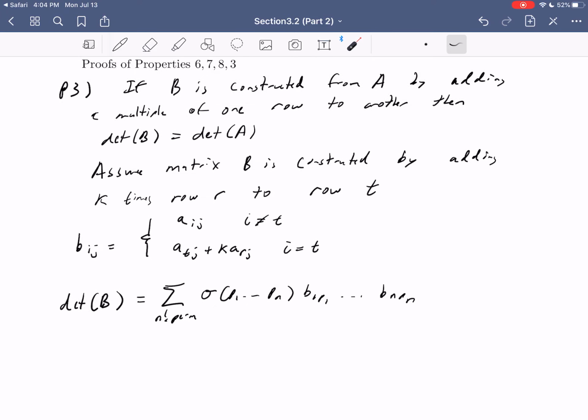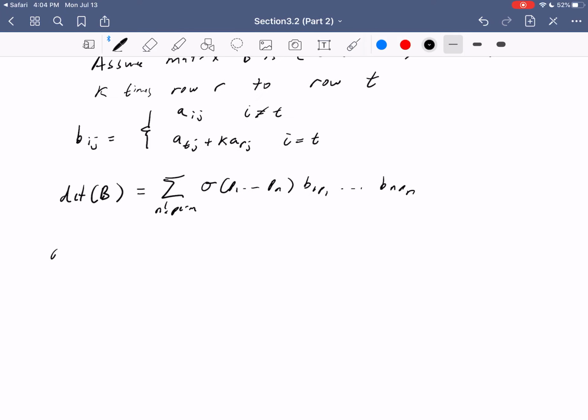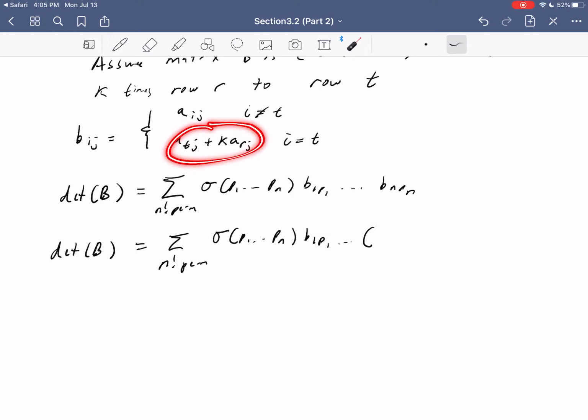So the determinant of B is the sum over the n factorial different permutations, the sign of each permutation, and then b_1p1 down to that one moment where we actually have that non-standard element.